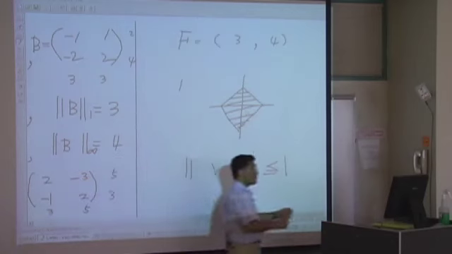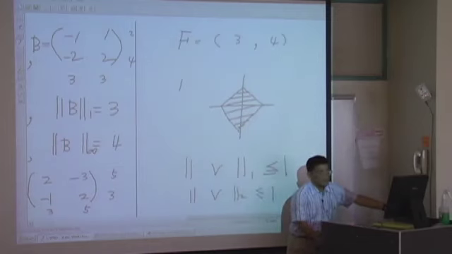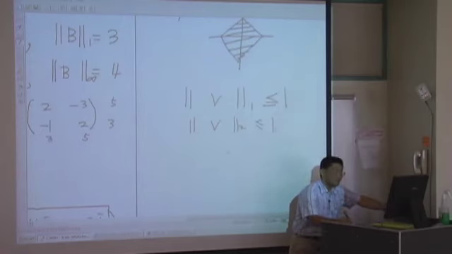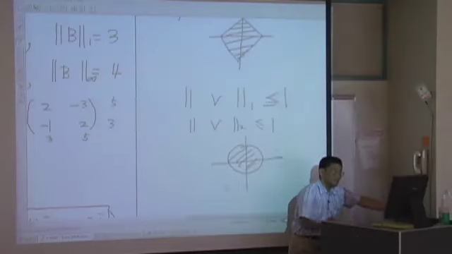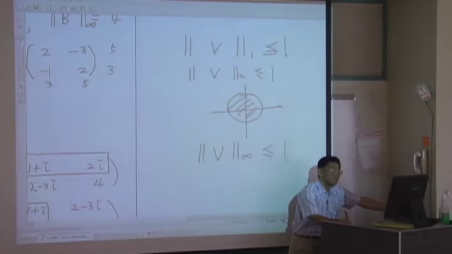If we use the 2 norm and say that the vector is contained inside 1, the length of the vector is less than 1, it is contained in this circle. And if we use the infinity norm, then the meaning is this.